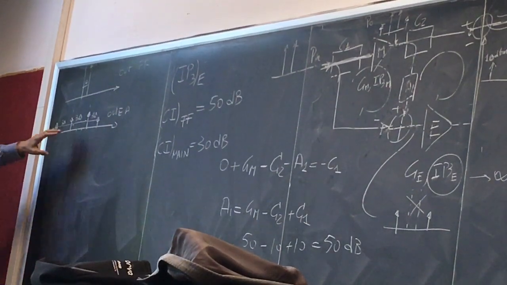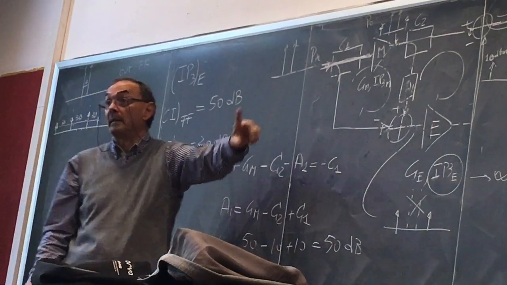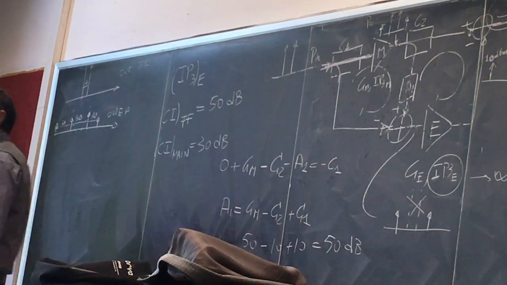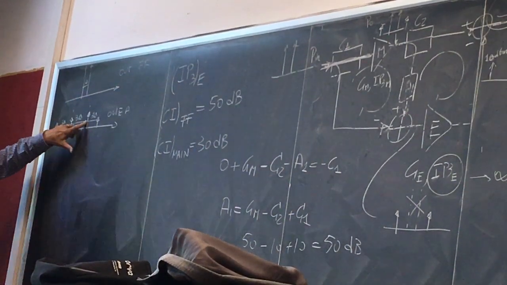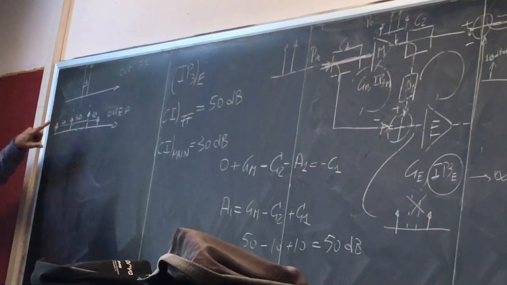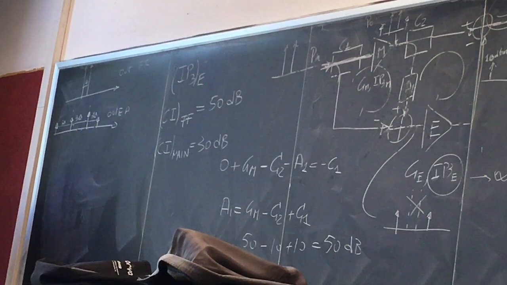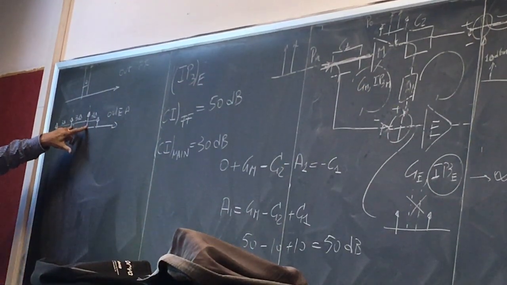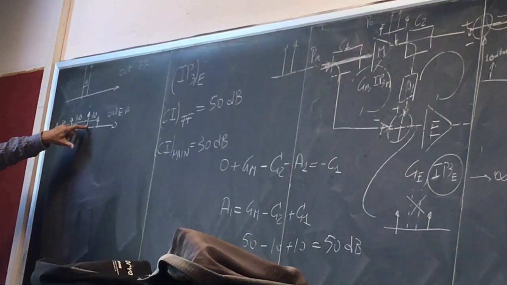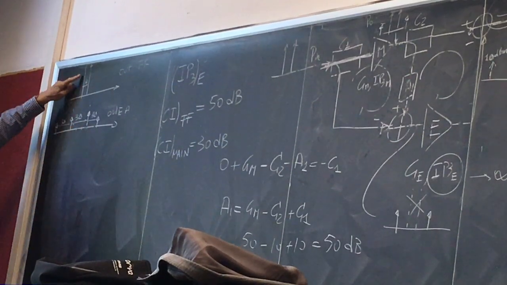Well, what happens at the output of the feed-forward? At the output of the feed-forward, the second loop will remove the main distortion, but not this one. This is the one produced by the error amplifier, and this will not be removed. Only the one produced by the main amplifier is removed. So, what happens here?